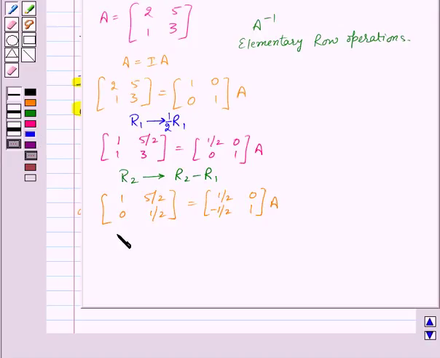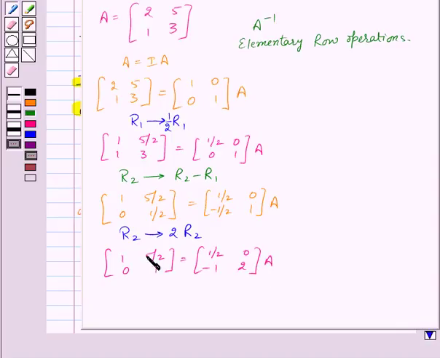So let us apply the row operation R2 changes to 2 times R2, and this will give us 1 5 by 2 0 1 equal to 1 by 2 0 minus 1 2 into A.